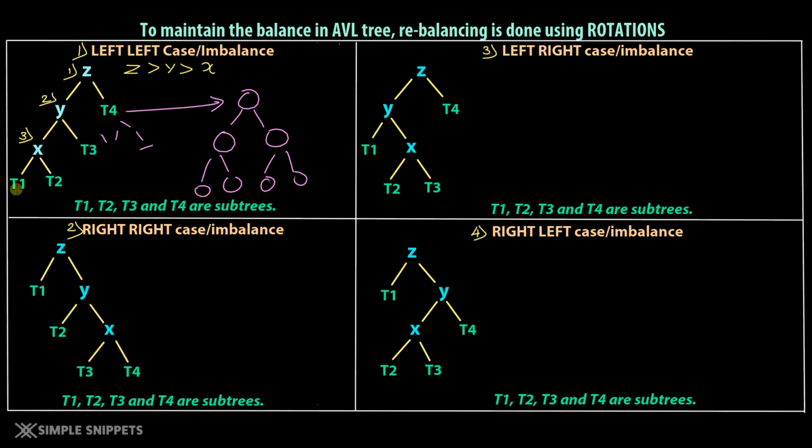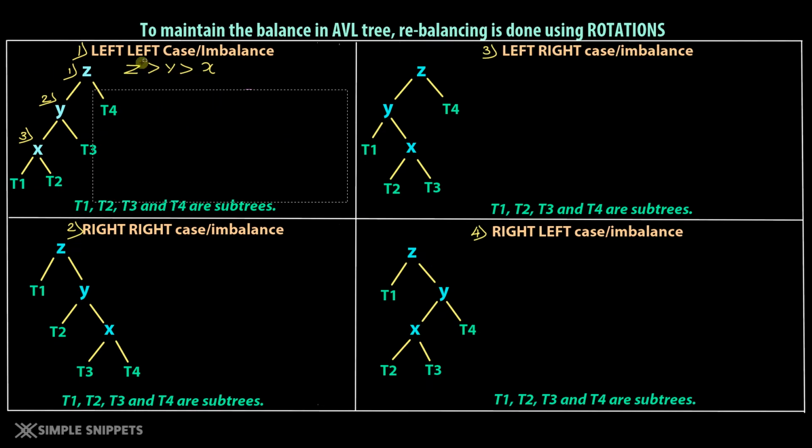Everything else around those nodes is considered an extra part, since we have many more parts in a binary search tree when we are doing the balancing. That's why we have just given them placeholder names, T1, T2, T3 and T4. We don't know how many nodes are there in T1, or how many extra nodes are there over here and over here. So that's why we have simply named them T1, T2, T3 and T4.